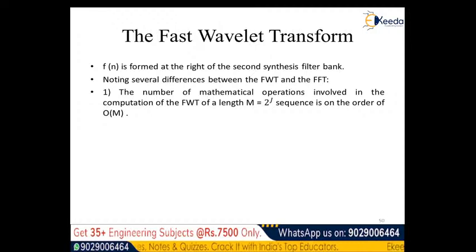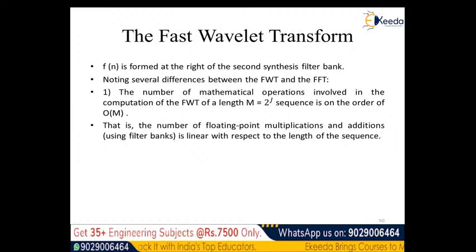That is, the number of floating point multiplications and additions using the filter banks is linear with respect to the length of the sequence, whereas the FFT algorithm requires O(M log M). So this is one very important point.